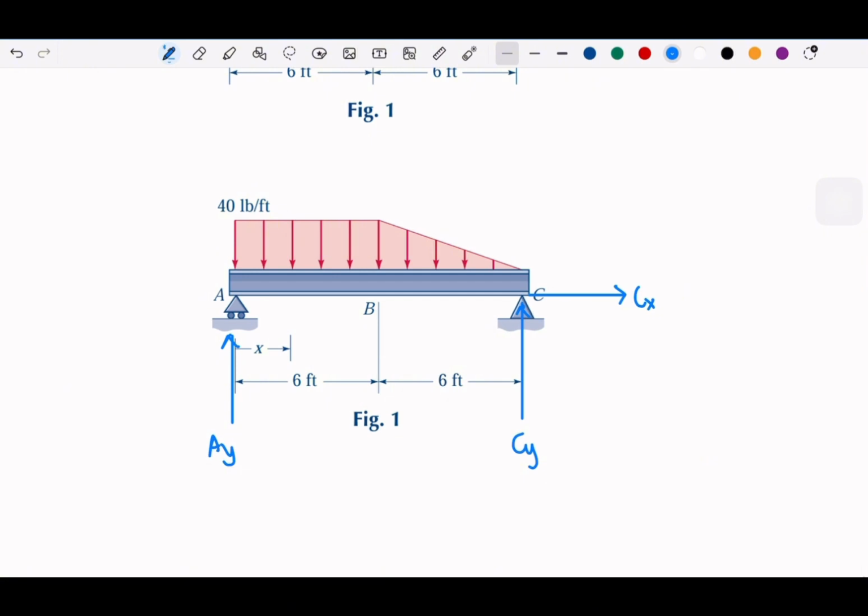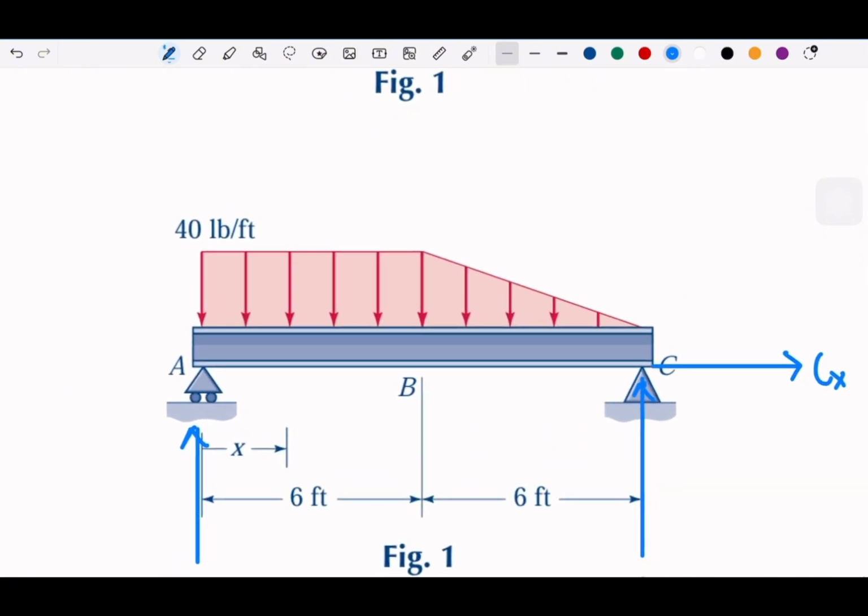As you may remember, to compute the concentrated force from the distributed load, we can take it as geometrical shapes. We have a rectangle and a triangle, right?